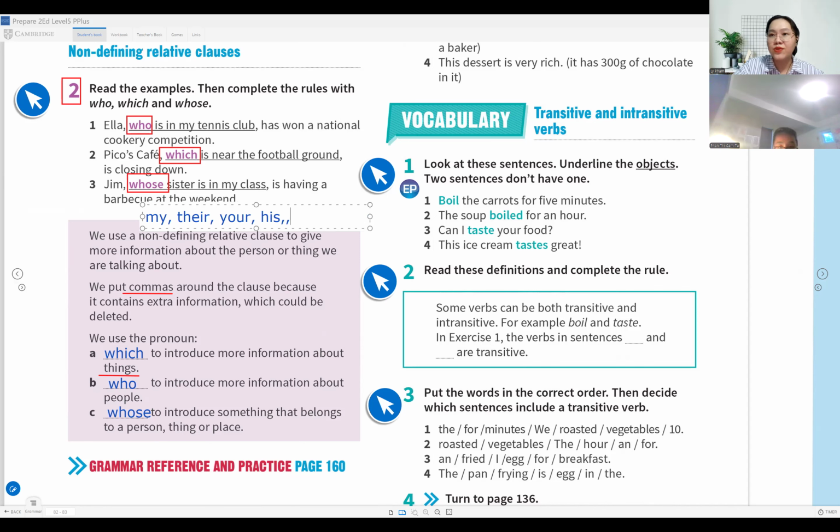Or this, that, these, those. Usually, when you see these words, you can think of the non-defining relative clauses. Is that okay?